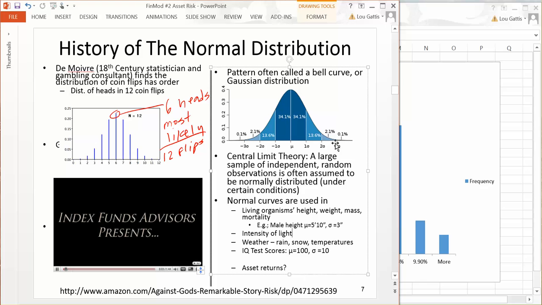And 99.8% of men, the tails here: anything greater than 3 standard deviations is only 0.1%, and anything less than 3 standard deviations away from the mean is 0.1%. So about 99.8% of the occurrences will be within plus or minus 3 standard deviations, or 9 inches. So it'd be saying, a 6'7" man, roughly, or 6'6".